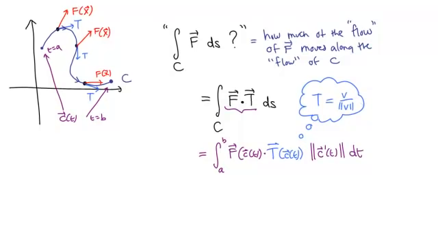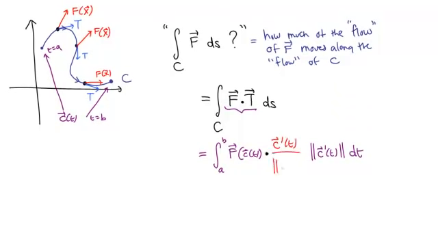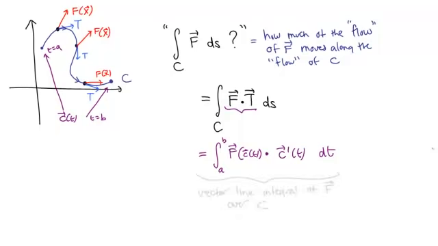So this expression can be rewritten as the velocity, the derivative of the curve, divided by the length of the derivative of the curve. Well, in this case, these two speed statements cancel, and so we're left with the simplified formula of the integral from a to b of f of c of t dotted with c prime of t dt.